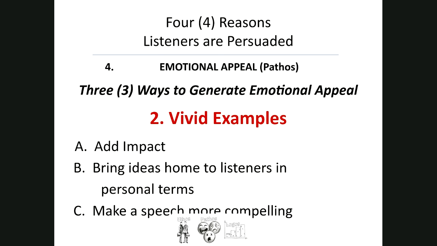Number 2 of the 3 ways to generate emotional appeal is through vivid examples. They add impact. When you use these vivid examples, they bring ideas home to listeners in personal terms, and they make a speech more compelling.